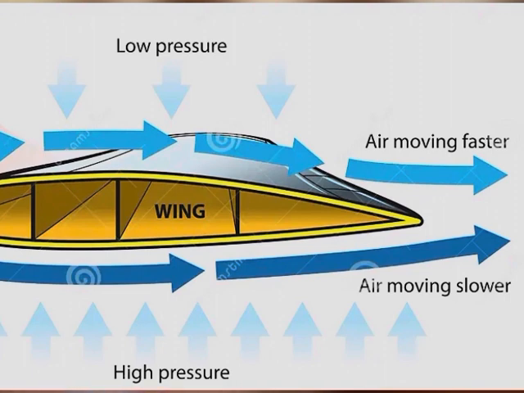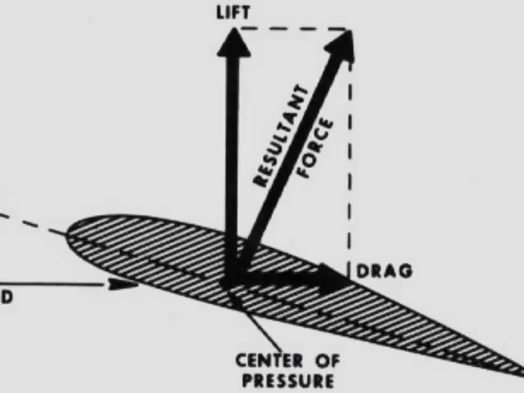The difference of these two pressures will generate a resultant force, which is an upward force called lift, which acts from the CP, or center of pressure, of the wing upwards. This is the force that enables us to take off, this is the force that enables us to climb, and this is the force that enables us to stay in the air.